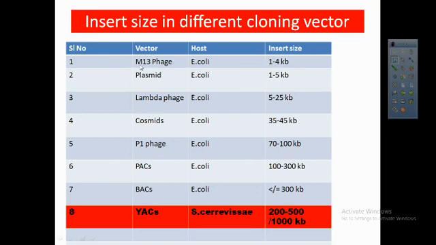For example, the M13 phage can carry DNA of 1 to 4 kilobase, and within E. coli it can propagate.